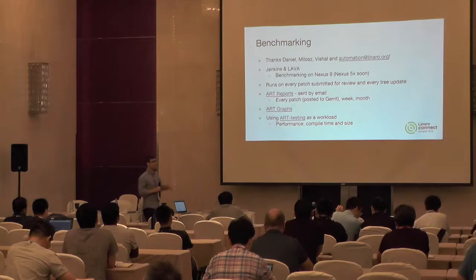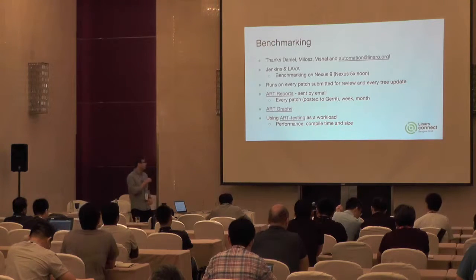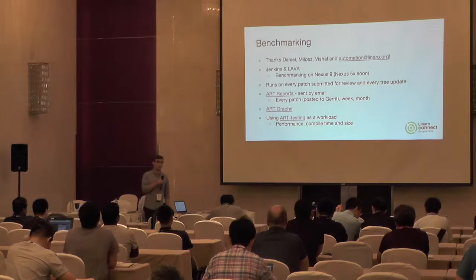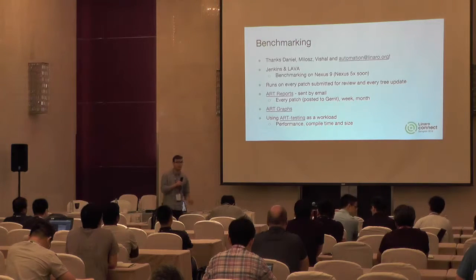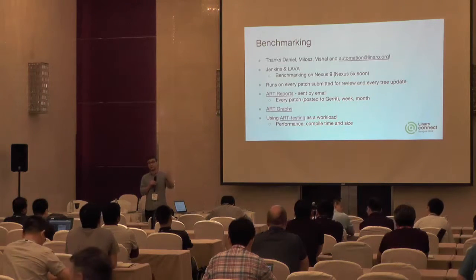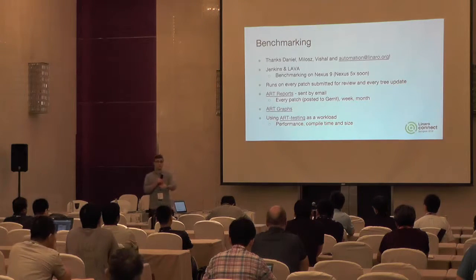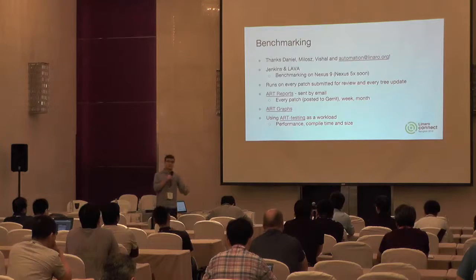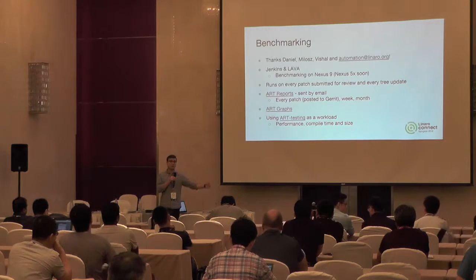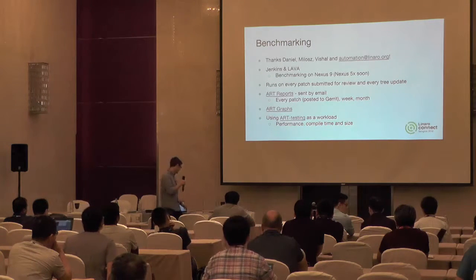And you have here some useful links to some of the graphs that we generate, but also to some of the ART reports that we collect for every build, where we can see a difference between the base and the patch, or the base and the previous base, or on a weekly basis, seeing how we compare to the previous week.